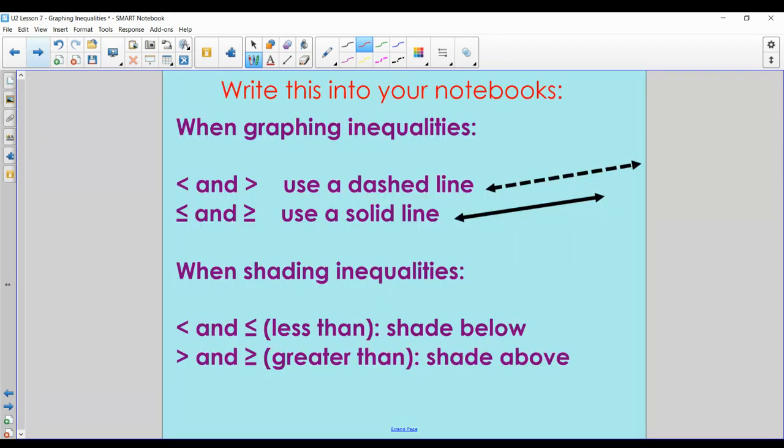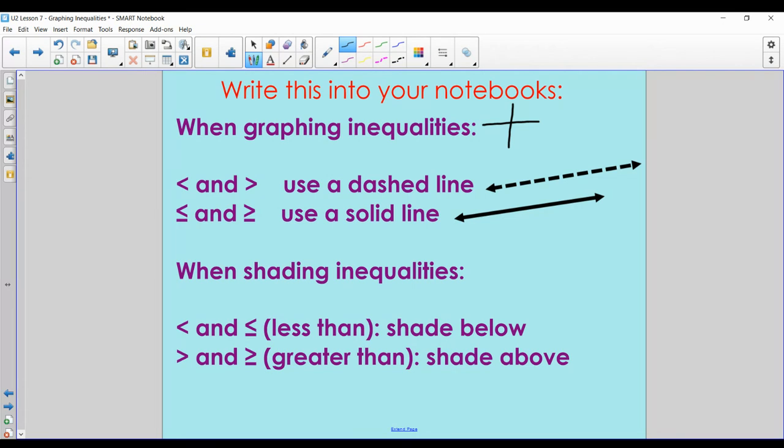Let's look at it one more time so that you can have this all in one place. Let's write this into our notebook. So you may want to pause the video when you're graphing inequalities. And this is, again, on an xy plane. Less than and greater than, use a dashed line because what's on the line is not included.